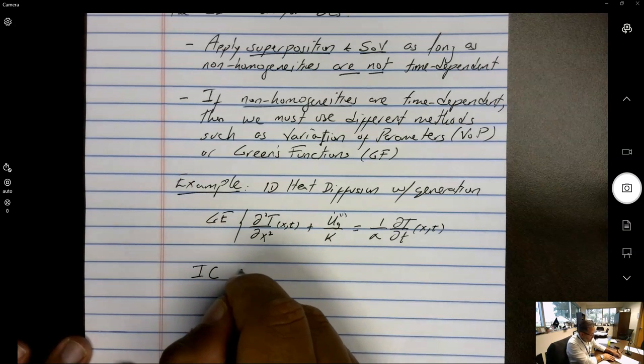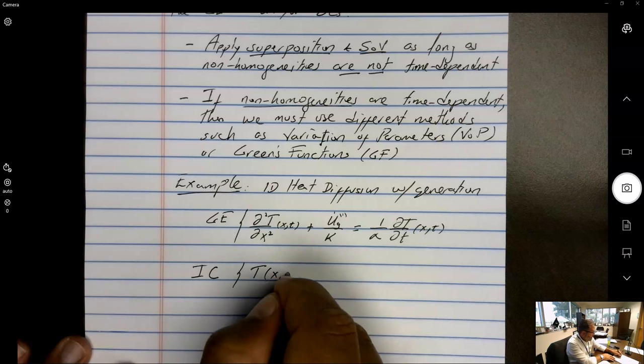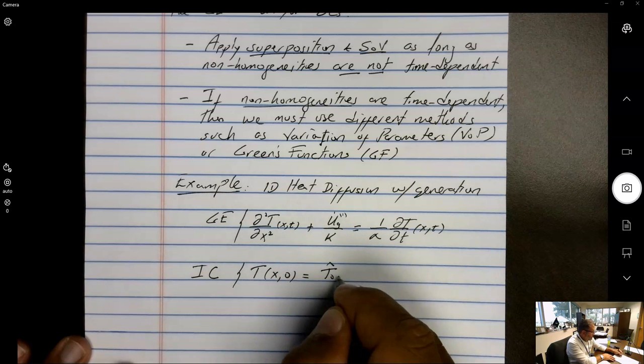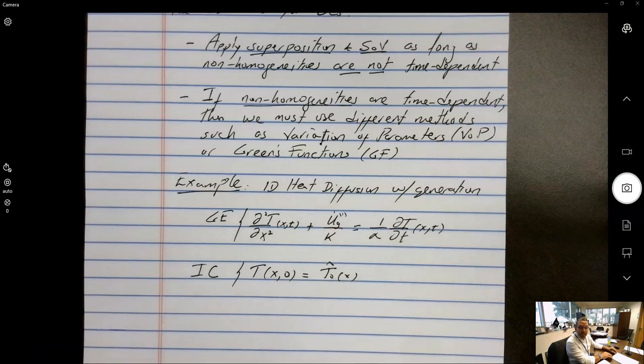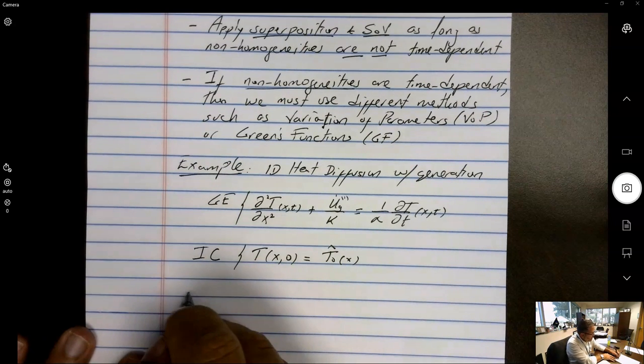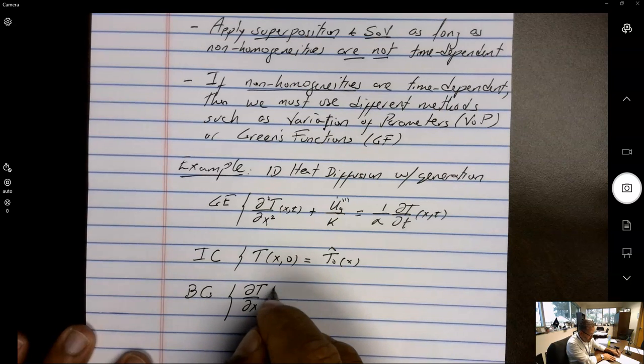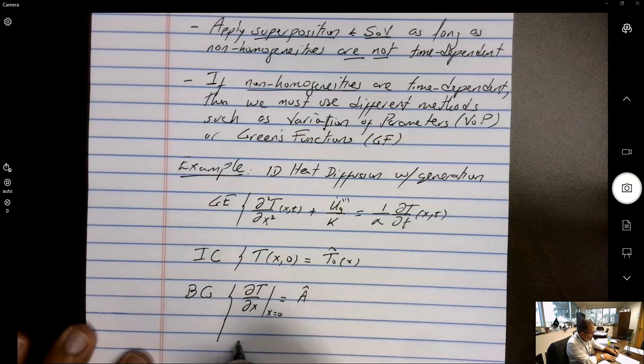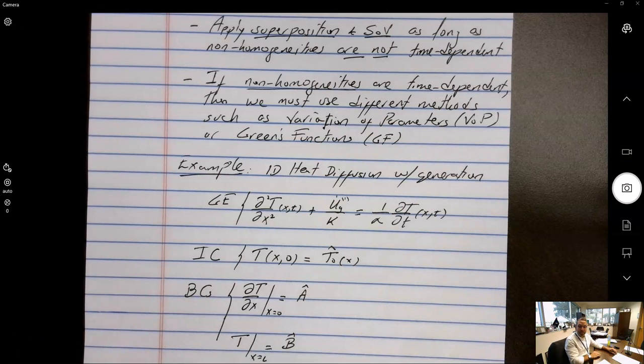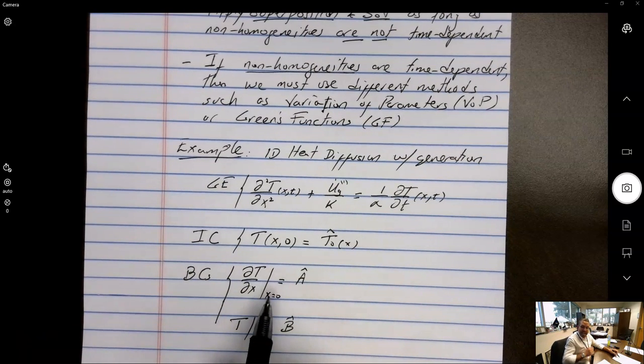The initial condition, temperature at x, 0, let's say again is some given T0, which can be a function of x. And let's say that the boundary conditions are such that on the left hand side we have dT/dx at x equals 0 is equal to some A, while the temperature at x equal L is equal to some B. So we have a natural Neumann condition on the left, and a Dirichlet or forced condition on the right, second kind and first kind.